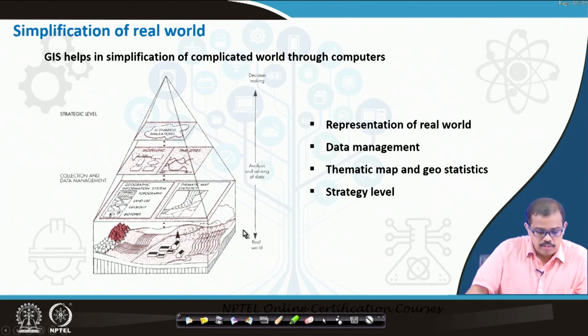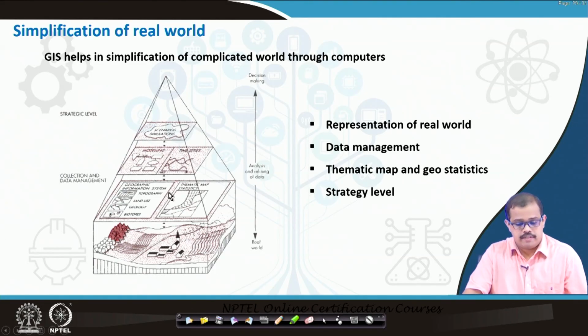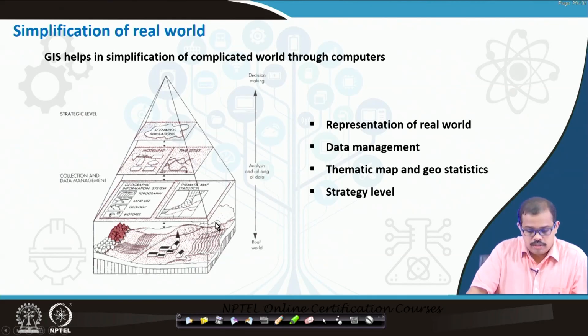So I was explaining about these layers. If you see the figure on the left hand side, that's the real world. When you have thematic maps already generated, for example, I took examples of topography, land use, geology, soil maps, then any other thematic maps, along with maybe certain other scenarios.